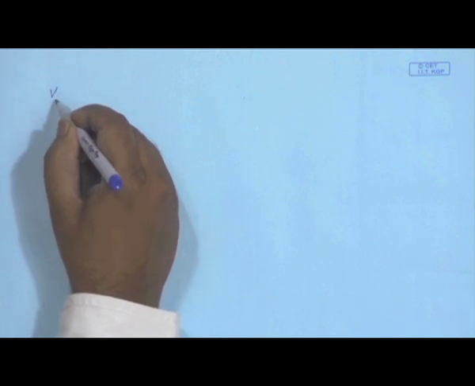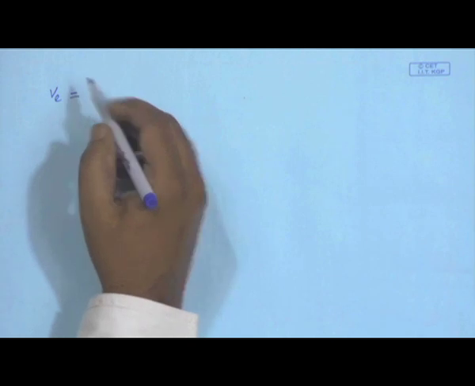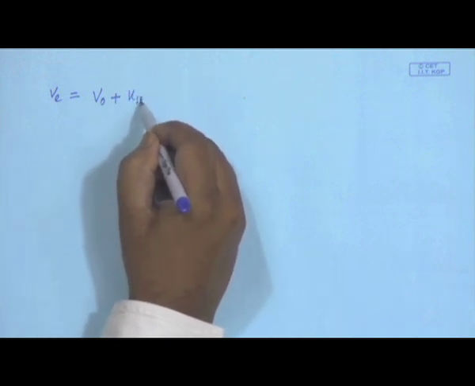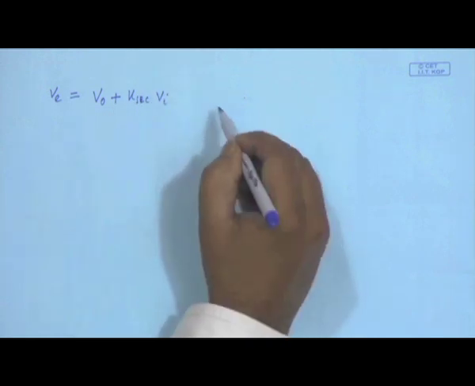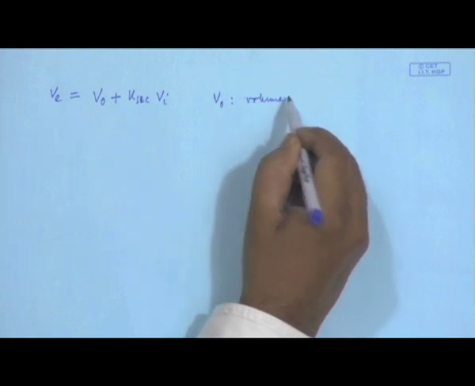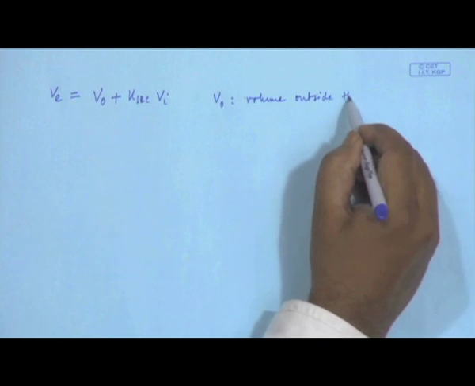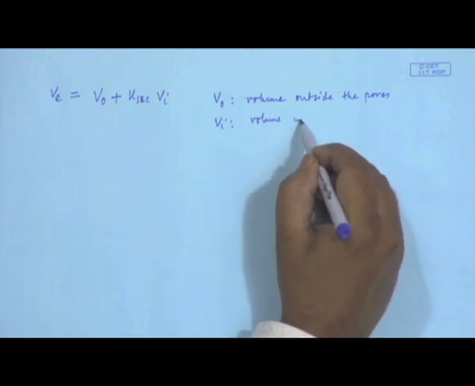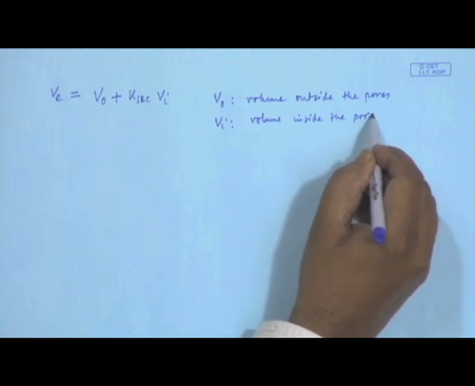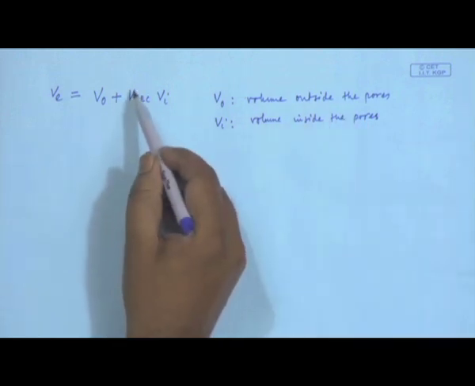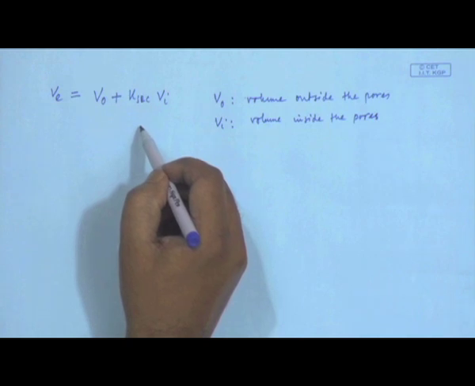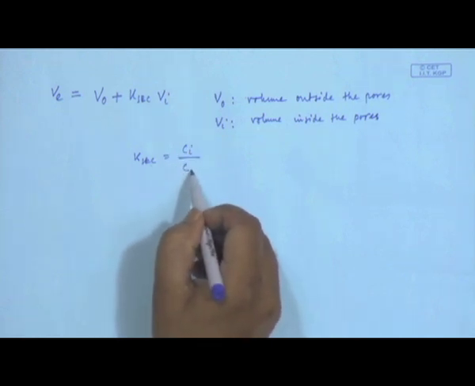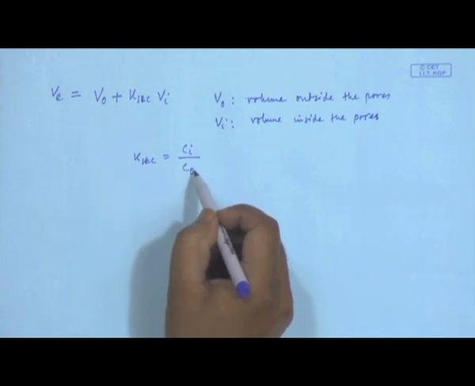If we consider the elution volume V for a particular polymer sample as V0 plus K_SEC times Vi, where V0 is the volume outside the pores, whereas Vi is the total volume inside the pores, and K_SEC is the equilibrium constant, which is given by the concentration of the polymer sample inside divided by the concentration of the polymer sample outside the pores.